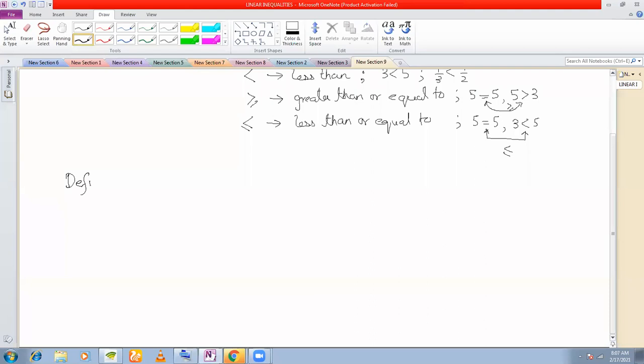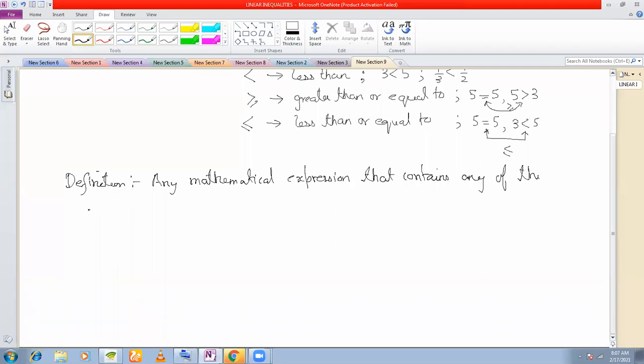Definition of linear inequalities is any mathematical expression that contains any of the symbols greater than, less than, greater than or equal to, or less than or equal to is called an inequality.